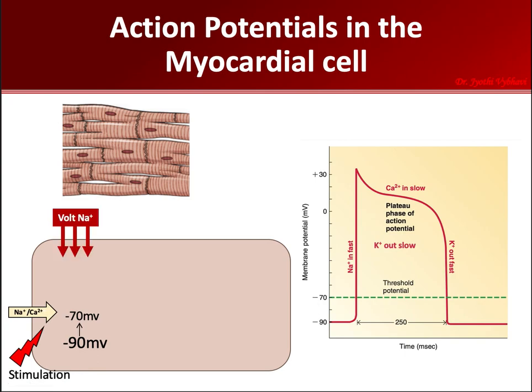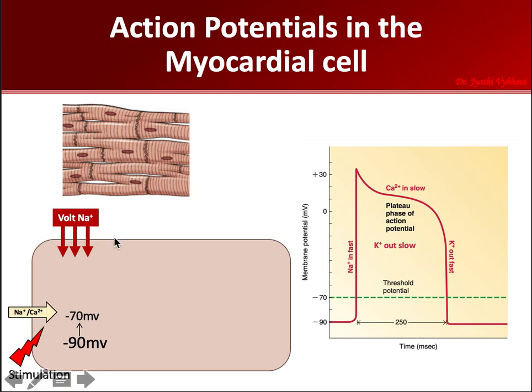You should remember these voltage gated channels are abundant in any given cell, because even in a square micron of a membrane, there are 200 to 300 sodium channels. So you imagine how many voltage gated channels will be there in the entire membrane.